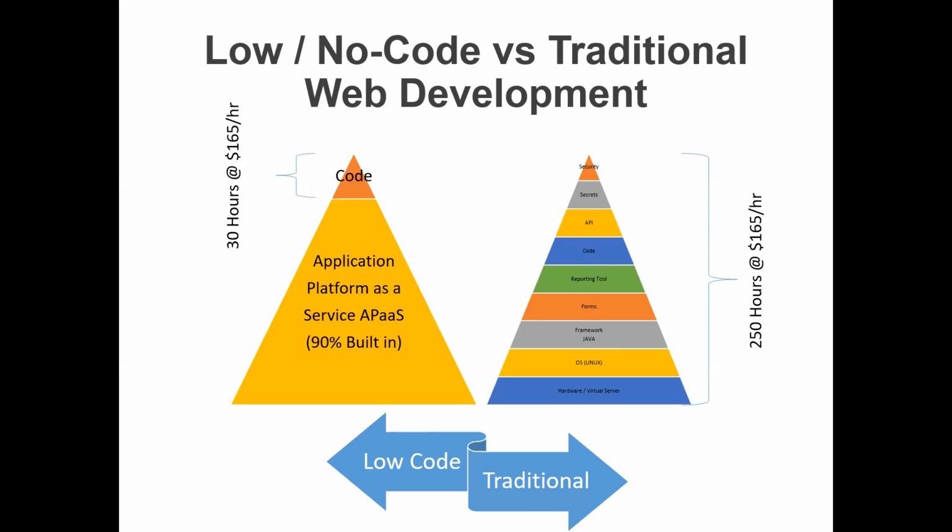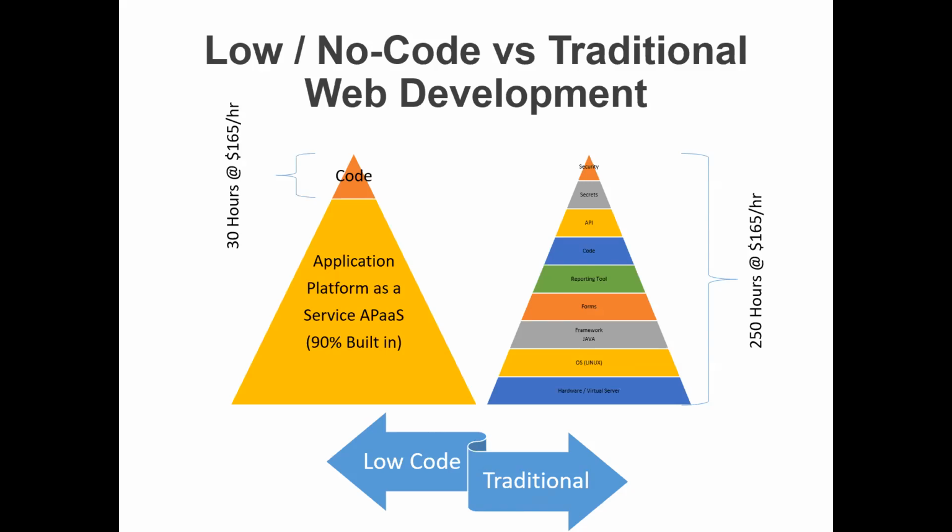Those include hardware, operating system, a development framework like Java or something like that, forms, reporting tools, the code base, an API, a way to manage the secrets, permissions and those kinds of things, and then security at the form level and security at the application level and security at the field level and all those kinds of things. Those are the things that are always there in a web app. Maybe you see them, maybe you don't, but they're always there.